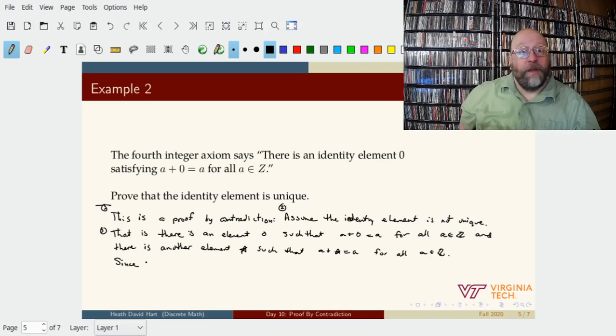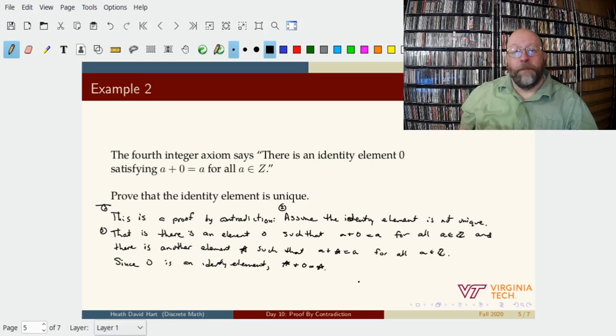Since 0 is an identity element, star plus 0 equals star. Because we add 0, anything plus 0 is itself. But since star is an identity element, 0 plus star equals 0.